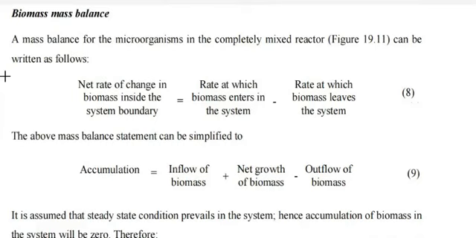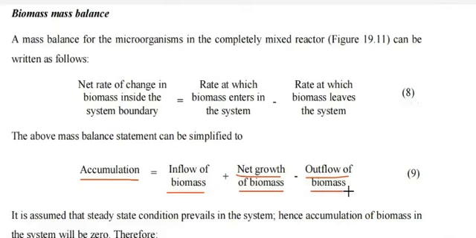If there is any accumulation going on, then we write in terms of the accumulation. So the mass balance statement: accumulation is equal to the inflow of the biomass, meaning the influent flow rate, plus net growth of biomass minus outflow of the biomass.